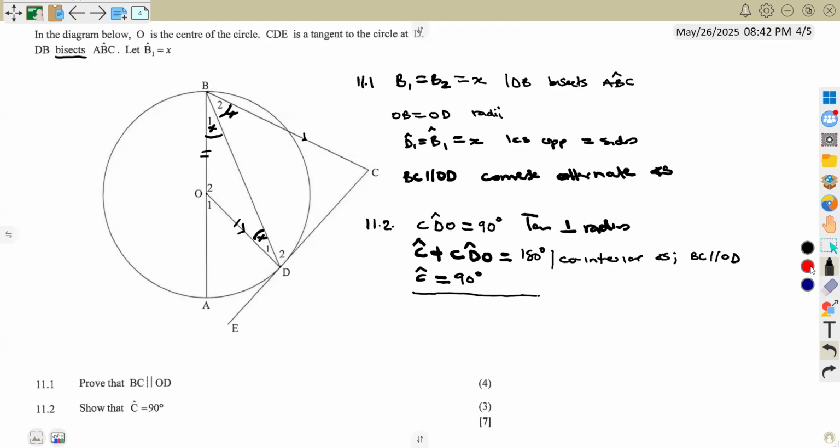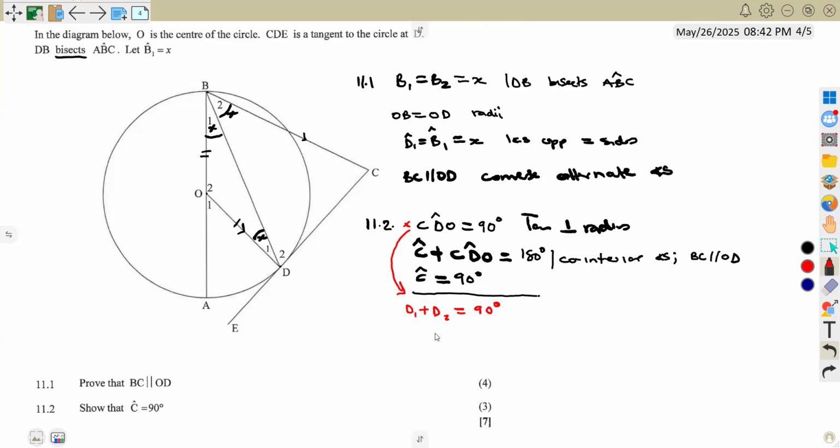Alternatively, you would first establish that CDO is 90 degrees, because the tangent is perpendicular to the radius. Then we calculate the angle D2. We know that D1 plus D2 is equal to 90 degrees, because this angle CDO is D1 plus D2.